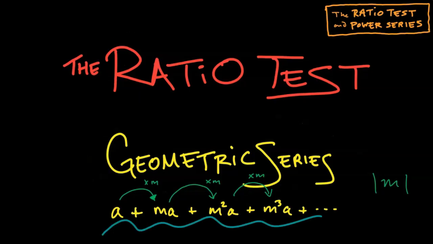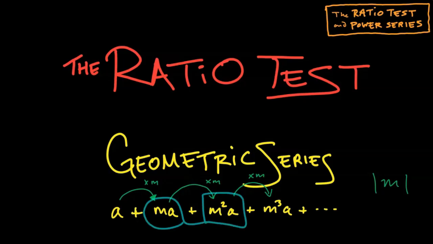But when you look at this kind of thing, you usually don't think about ratios, you think about multiplication. Now you can, if you kind of stand on your head and squint one eye, see ratios here. You could think of this value not as the thing I multiply by to get to the next term, but as the ratio of each term to its predecessor. So for example, if we looked at the ratio of this term, m squared a, to ma, in other words, m squared a over ma, we would be left with m.